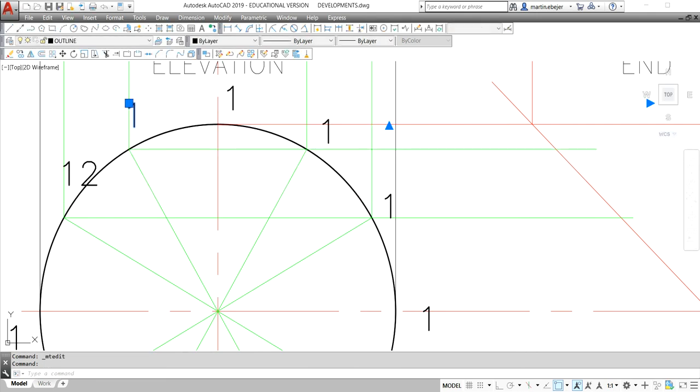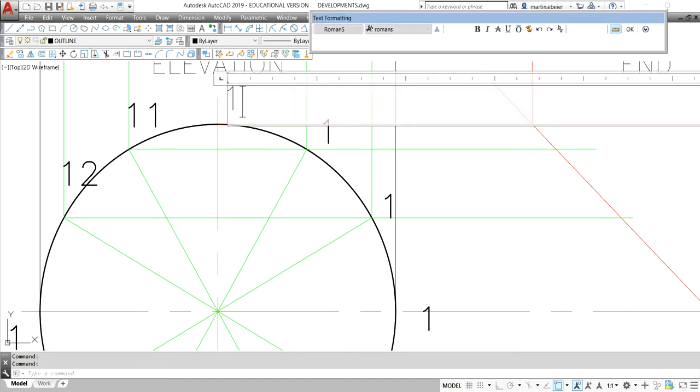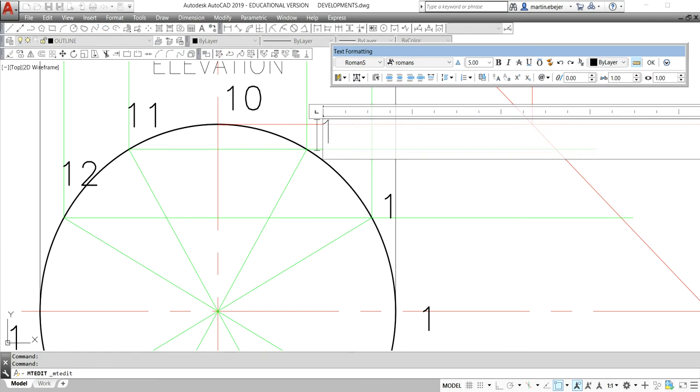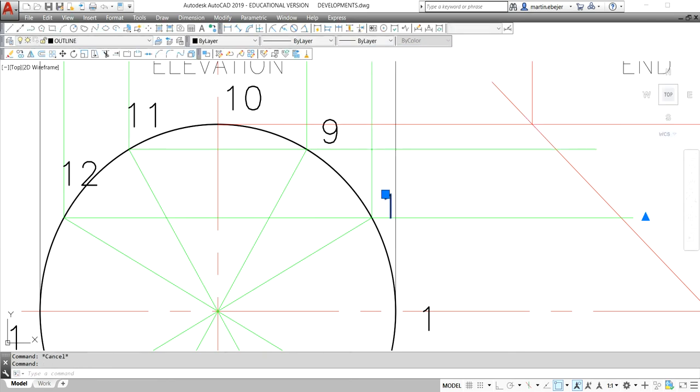I can arrange them so I can help you a bit more. Okay, we have 9 here, we have 8.